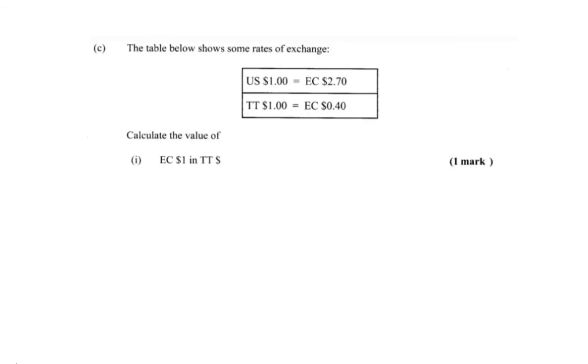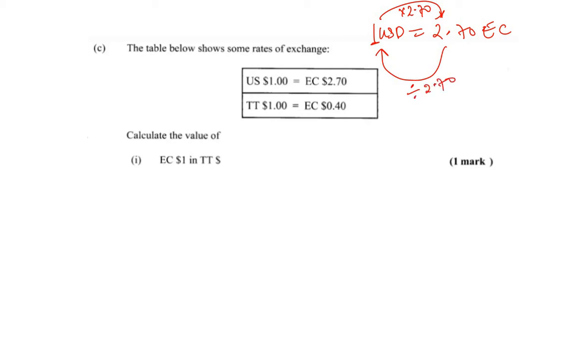So, for example, we have 1 USD gives us 2.7 EC. Now, we realize that to get from $1 to 2.7 EC dollars, we multiply by 2.70. And to get from 2.70 EC dollars to $1, we divide by 2.70.